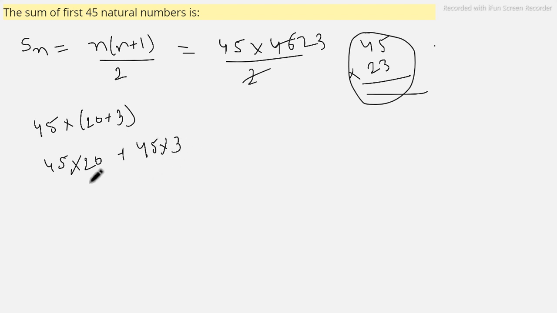Now we can easily calculate. This is 900 and this will come 135. Just add it. So this will be our answer.